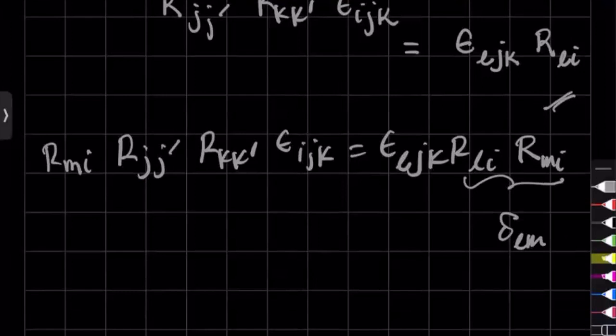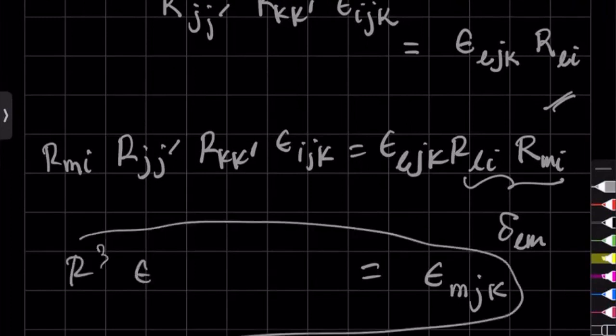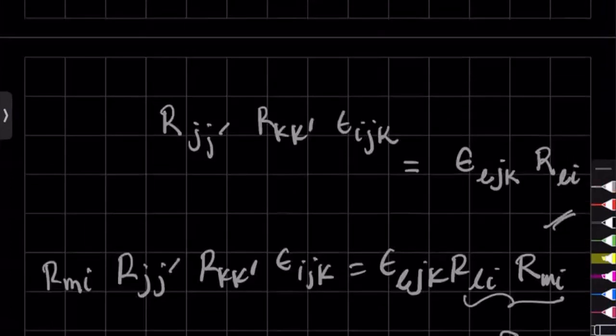So then I get here epsilon M J K, and over here I have the usual R cubed epsilon, which is the identity we know, right?